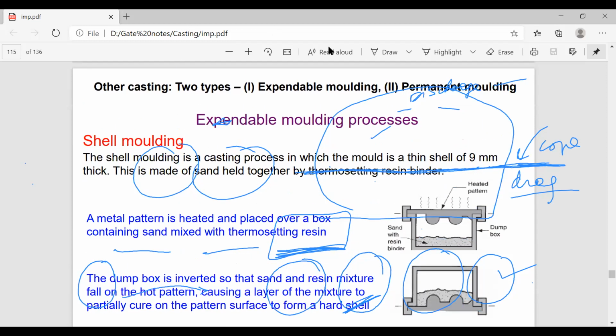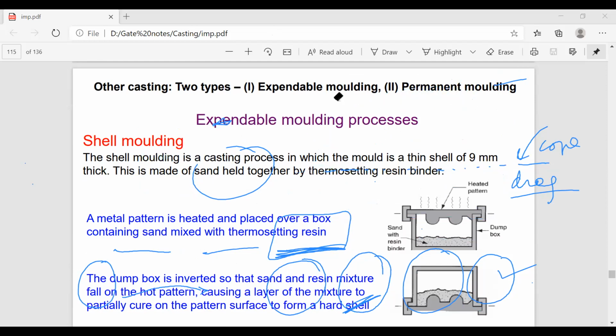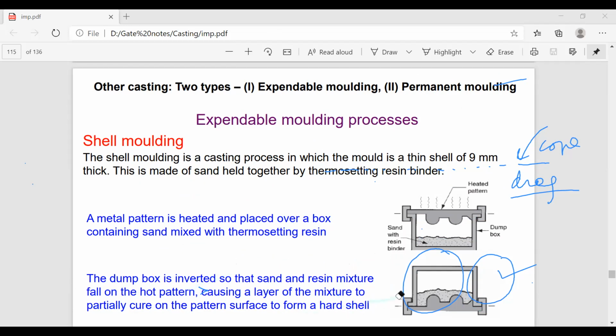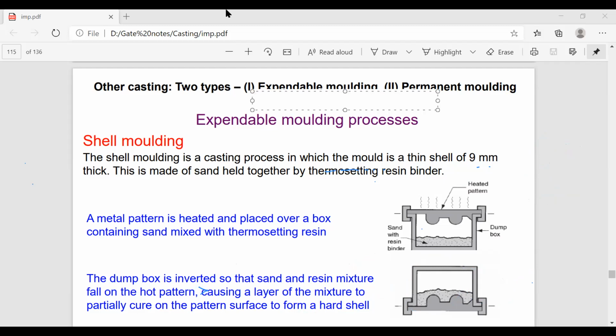Okay, now next is the shell molding. Sorry, there are two types of castings. First one is expendable mold, and next is permanent mold.